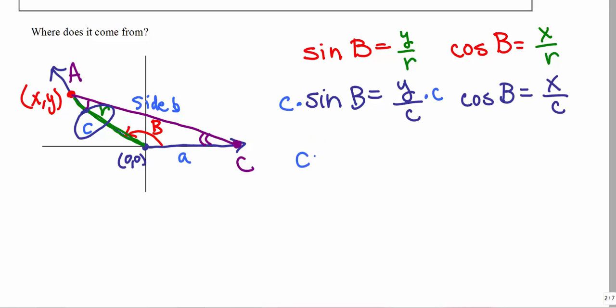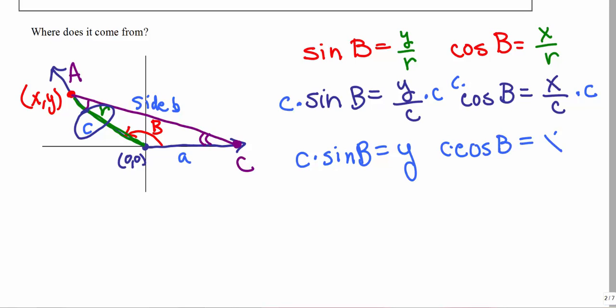So we have C times sine of angle B is equal to y. We're going to do the same thing over here and multiply both sides by C. So we get C times cosine of angle B is equal to x.